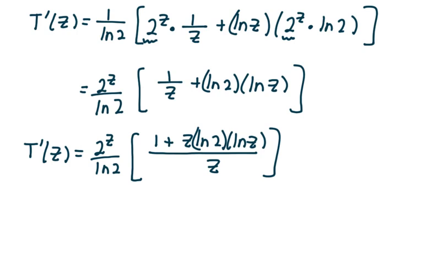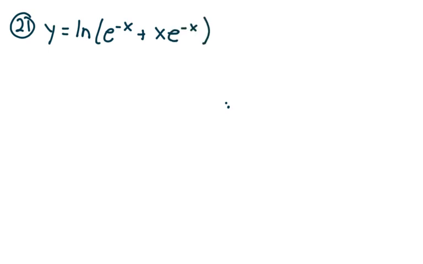Let's take a look at 21. Now, on 21, we have y equals natural log of e to the negative x plus xe to the negative x. And I want to find dy dx.